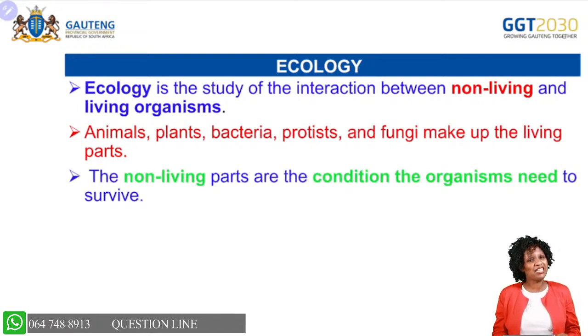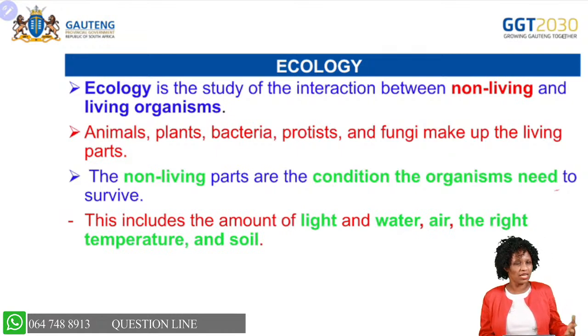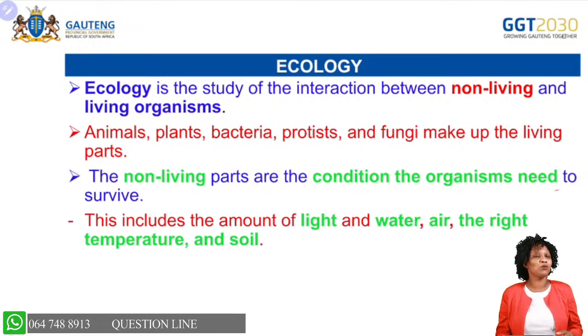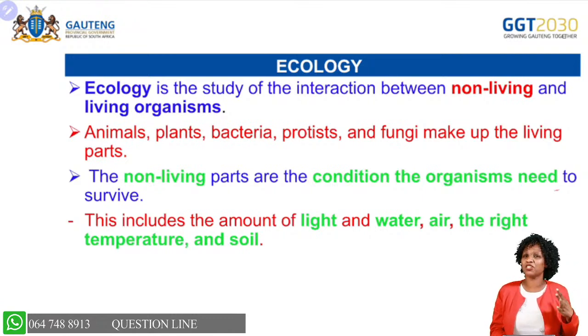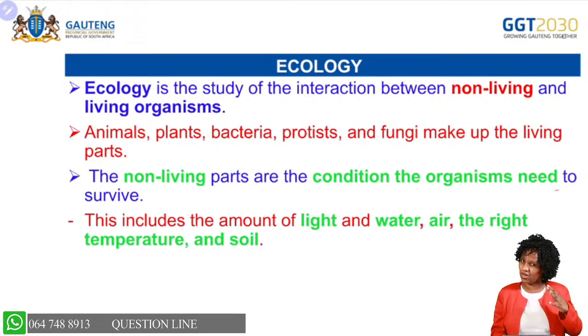And then the non-living parts are the conditions the organisms need to survive. For example, the non-living, we can talk about the wind. That is non-living. Talk about the soil. Talk about the light. Talk about the temperature. These are non-living. Do you get it? But the living, we're talking about the animals.